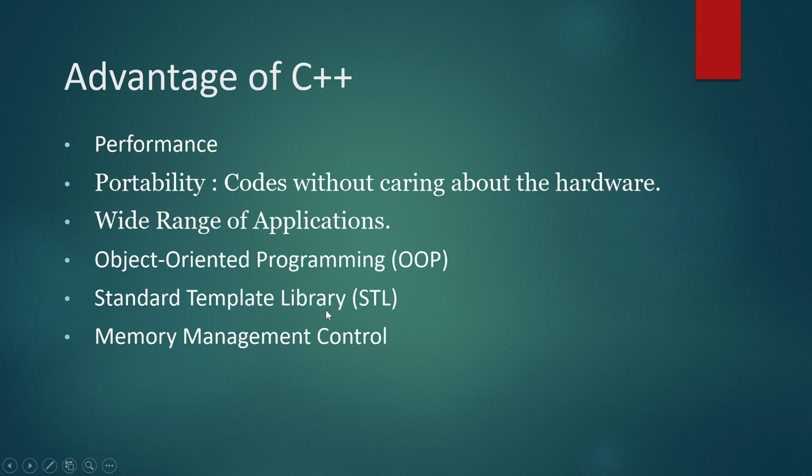There is a large amount of pre-written code in C++ which we use to create applications. It saves our time. Then memory management control. We can manually control memory in C++. So these features help to create system software like operating systems.